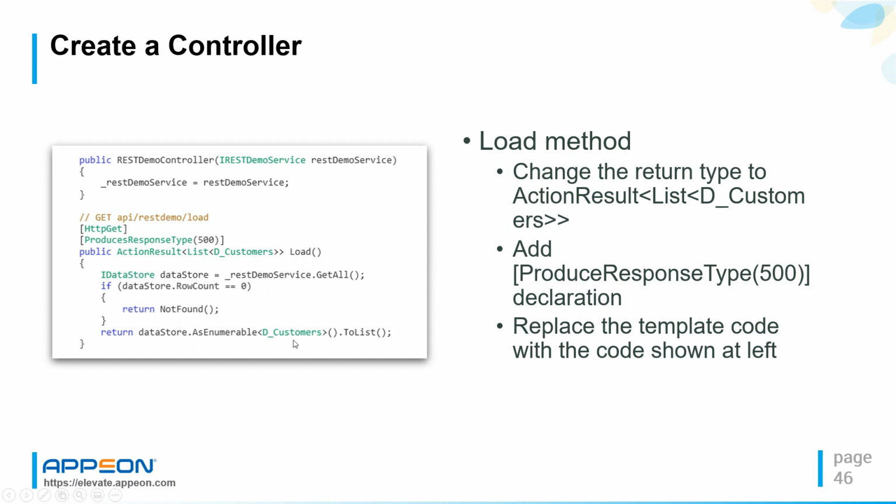Otherwise, though, I'm just going to take the data store, and rather than return the data store directly, I'm just going to create a list of the POCO class from it and return that. The main thing is, when I'm doing a retrieve, I don't need the state information. It's only when I do the update that I need state information. So I don't need to pass back the iData store here. I can just pass back the bare class.